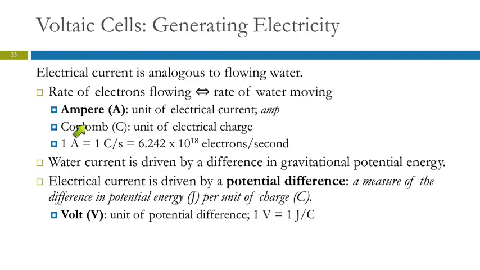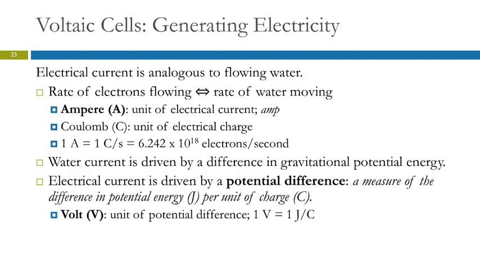So ampere, abbreviated with a capital A and often pronounced as just amp. You've probably heard that, 5 amp or whatever, a 2 amp charger for your iPhone. That is a unit of electrical current. A coulomb, capital C, is a unit of electrical charge. So you can measure the charge on one electron. You could measure the charge on something that's charged.